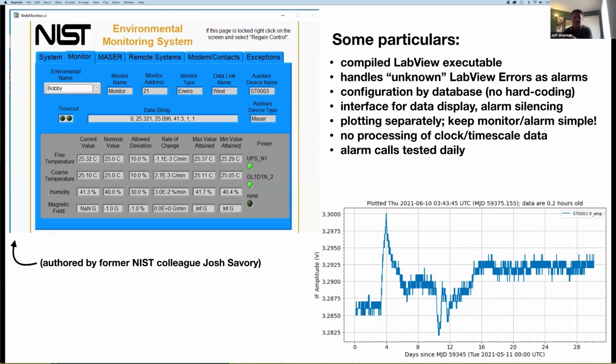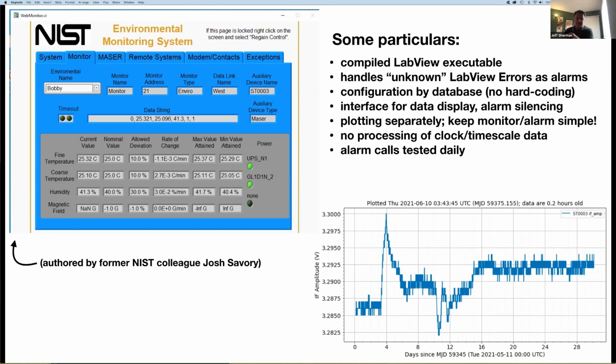At least that's the design. There's very little hard coding. The configuration is done at runtime with text files or queries to a database. So we don't often have to recompile the application. There's no plotting. We do that separately. The data is simple text files. We wanted to keep the alarming as simple as possible. And again, this thing tests the alarm daily.